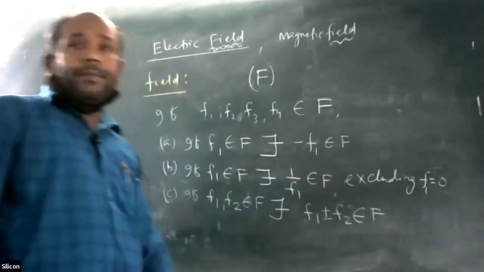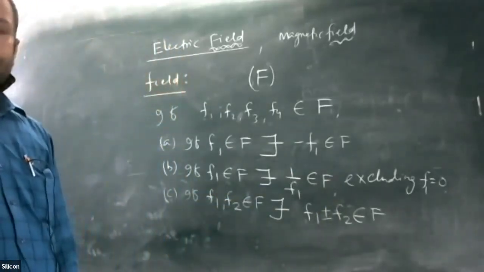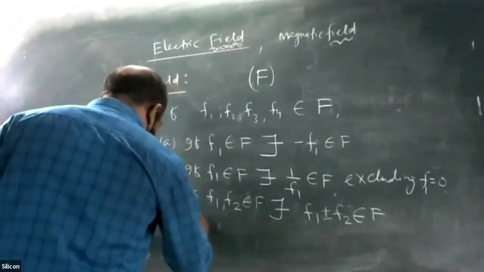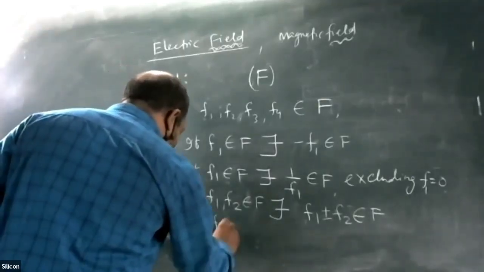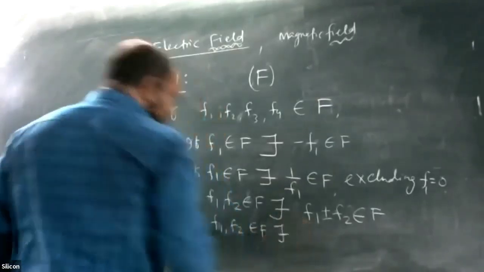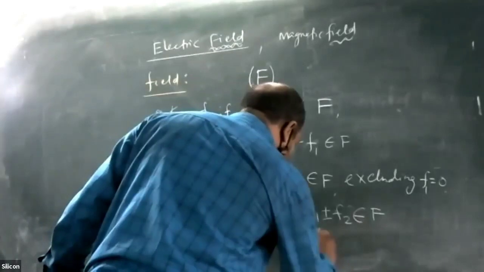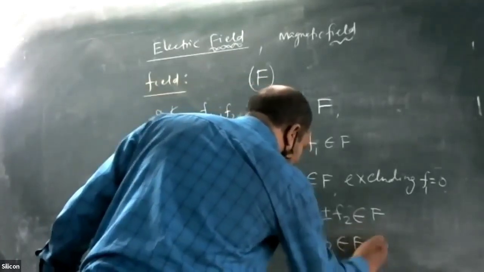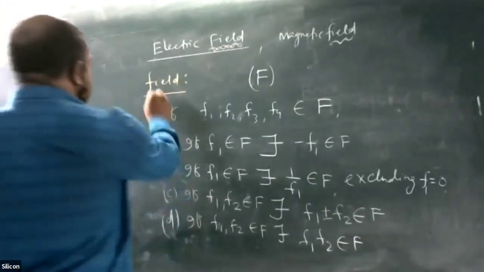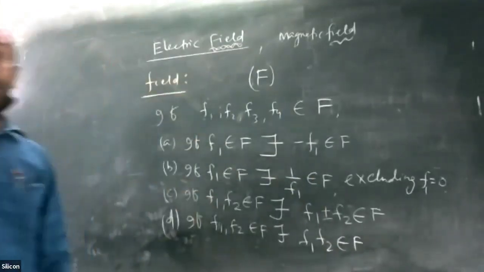Multiply was not written, write D: if F1, F2 belong to F, then there must exist F1 into F2 belongs to that set F. Then that set is called a field.